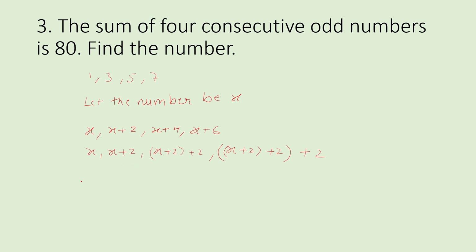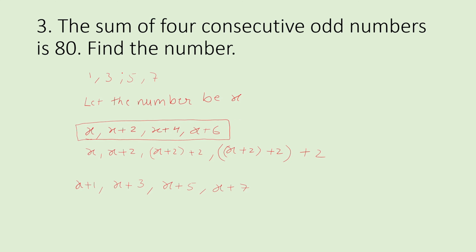You can also take the first number as x plus 1, then the next number is x plus 3, then x plus 5, and x plus 7. You can take any one of these. So suppose we take these four consecutive odd numbers.